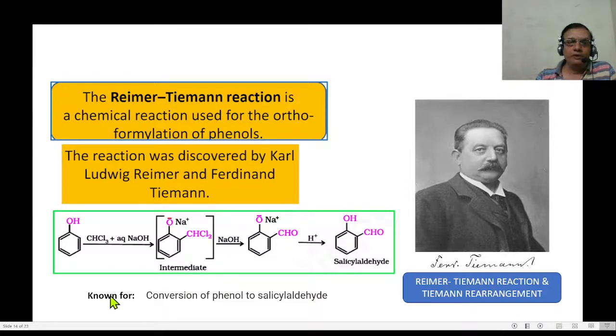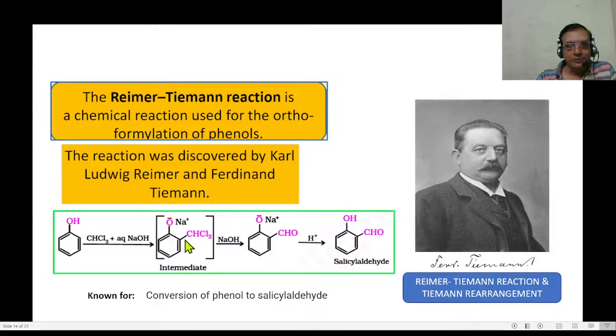Now we will go back to the reaction. It is a conversion of phenol into salicylaldehyde. That is our Reimer Tiemann reaction. Phenol, chloroform and sodium hydroxide or potassium hydroxide. We need a base here, so a basic compound is needed. The phenolic compound, chloroform and sodium hydroxide will lead to dichlorocarbene as an intermediate.